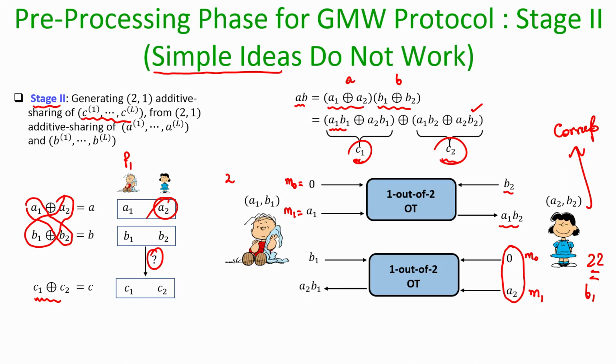And now you can see the first party P1 has everything. He anyhow has the ability to compute A1 times B1, and he has obtained A2 times B1 as a receiver of the OT. So, he can compute C1.